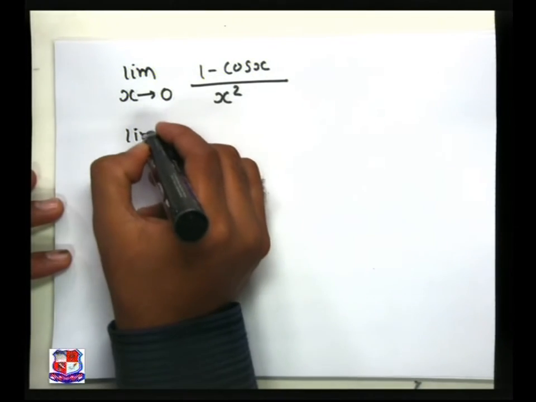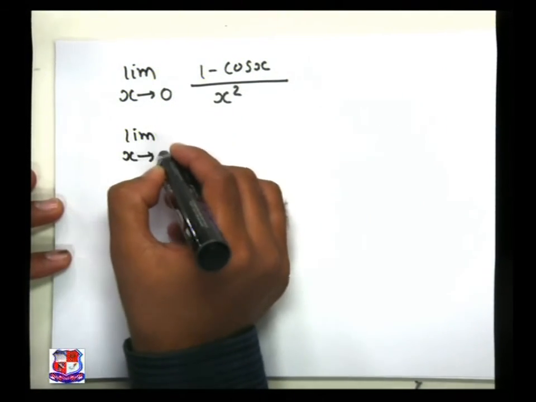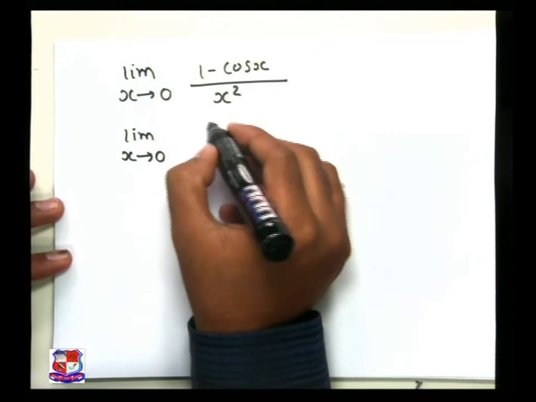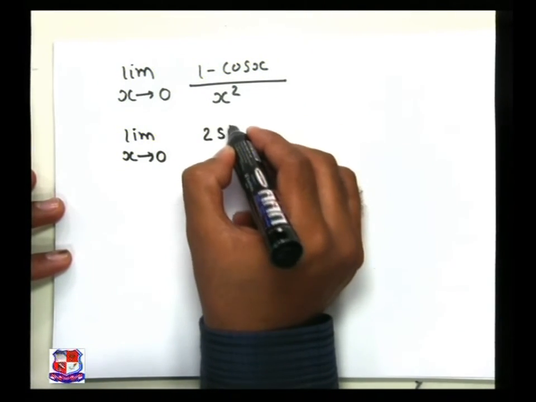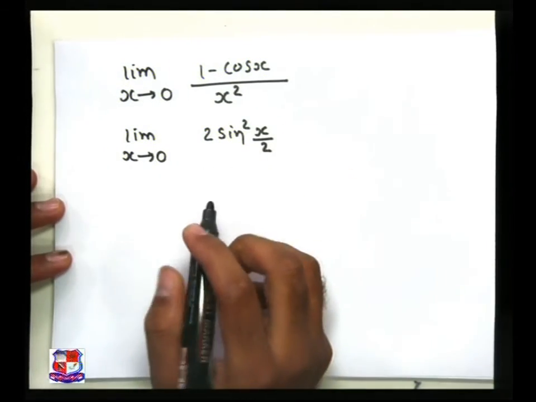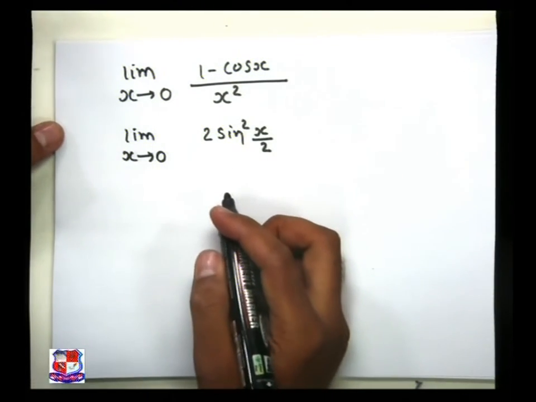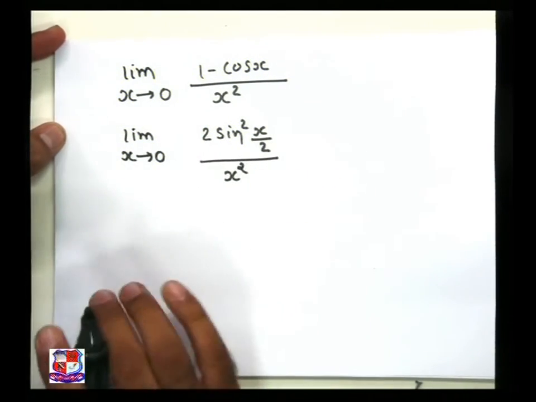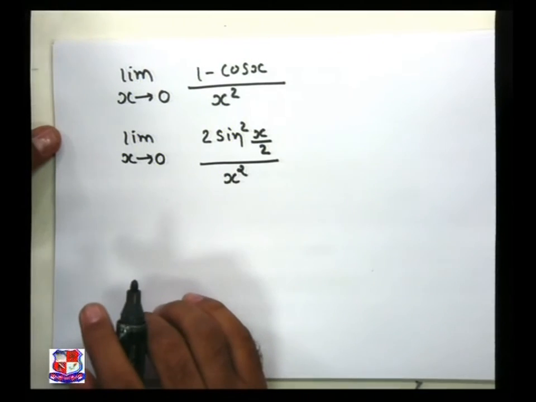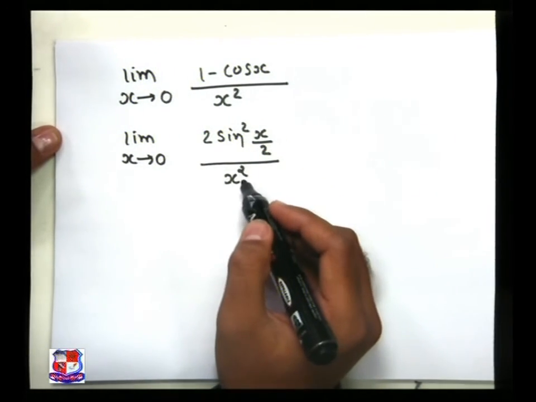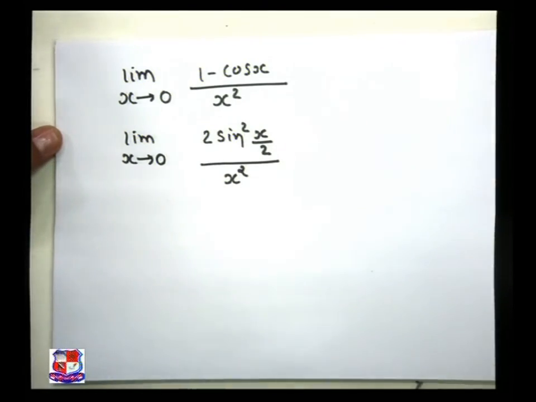So we simplify our numerator: limit x tends to 0 as it is, 1 minus cos x now becomes 2 sin square x by 2, and the remaining value is x square. Now the next step is to match the theta: here x by 2 but here x square. Why do we want to match the theta?